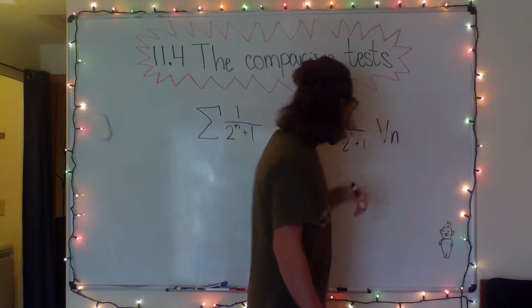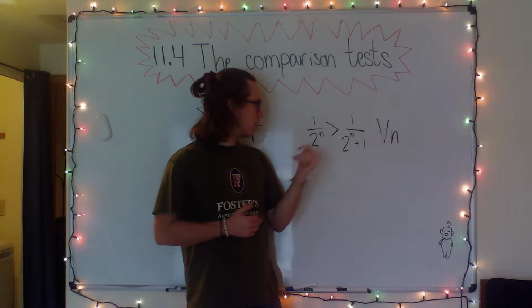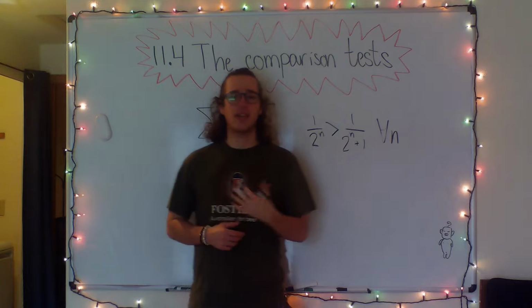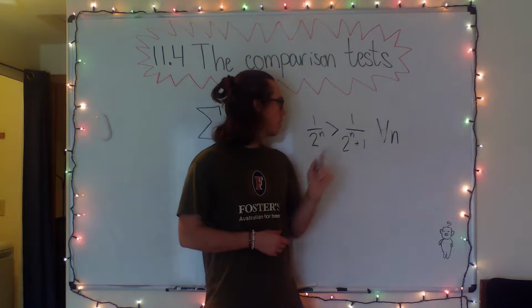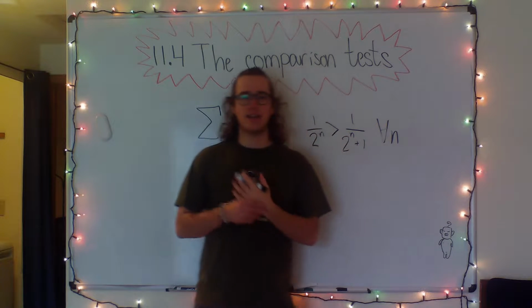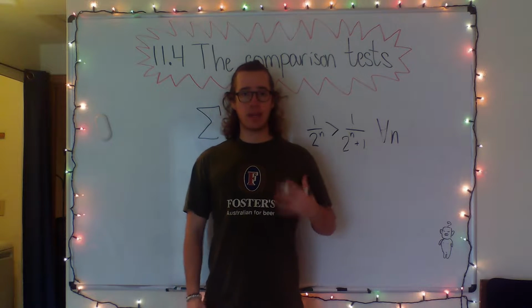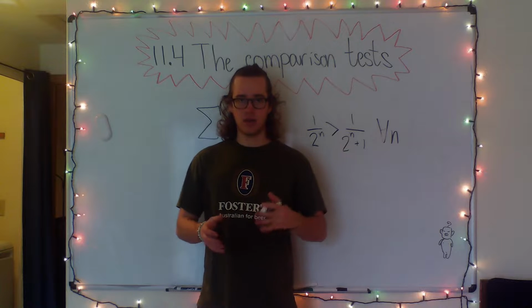And then we're like, okay, so we have a bigger series that we know is convergent. We know 1 over 2 to the n is convergent, and we know that 1 over 2 to the n plus 1 is less than, for every single term in the sequence, 1 over 2 to the n.